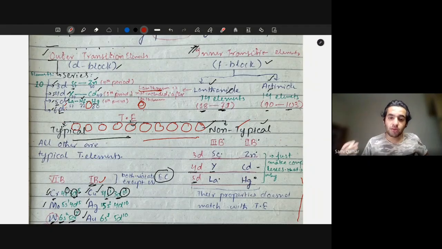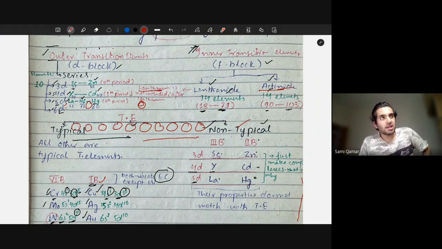After lanthanum, we have the F block elements. Similarly, in the actinide series, actinium will not be a part of the F block elements; after actinium, we will have the F block elements. This is a concept you should have.